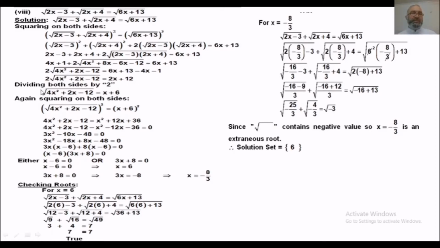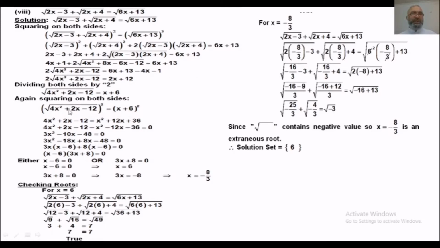Again the radical term is separated, so again squaring, step 3. Again squaring on both sides, we get square root of 4x square plus 2x minus 12, whole square, is equal to, on the right side, x plus 6 whole square.